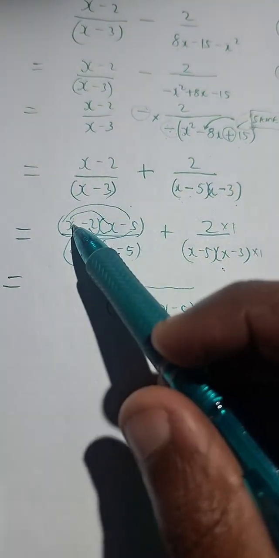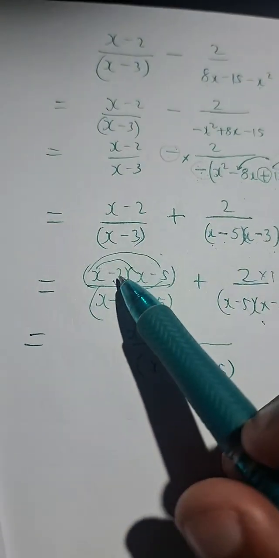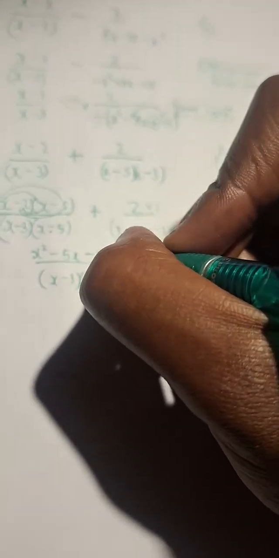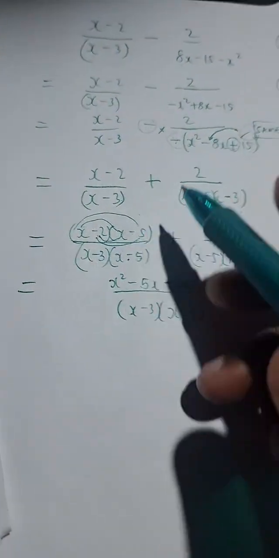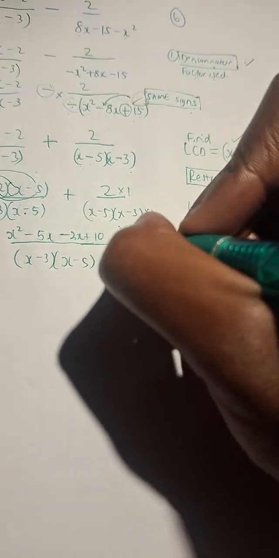That gives us what? x squared. x times negative 5, positive times a negative, negative 5x. Negative times a positive, negative 2x. And then a negative times a negative is positive. 2 times 5 is 10.